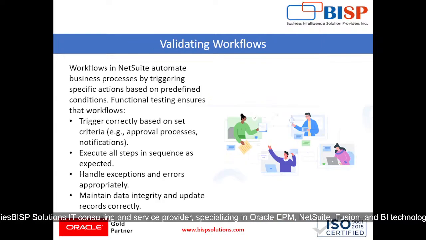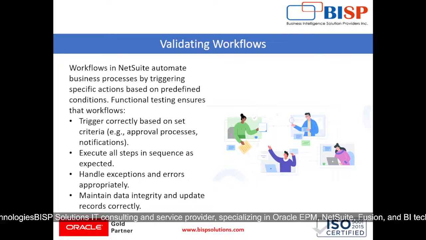Then comes functional testing for end-to-end implementation, where we validate workflows. Workflows in NetSuite automate business processes by triggering specific actions based on predefined conditions. In functional testing, it ensures that workflows trigger correctly based on set criteria.